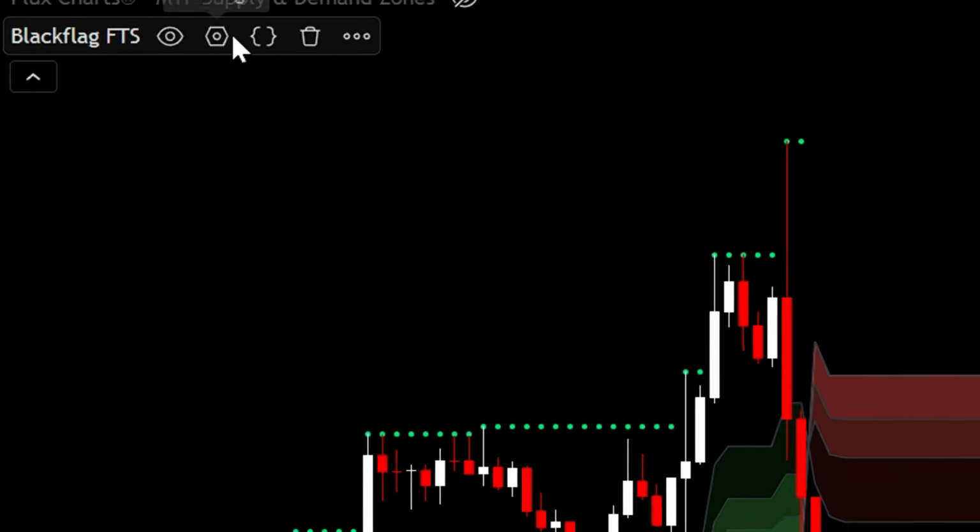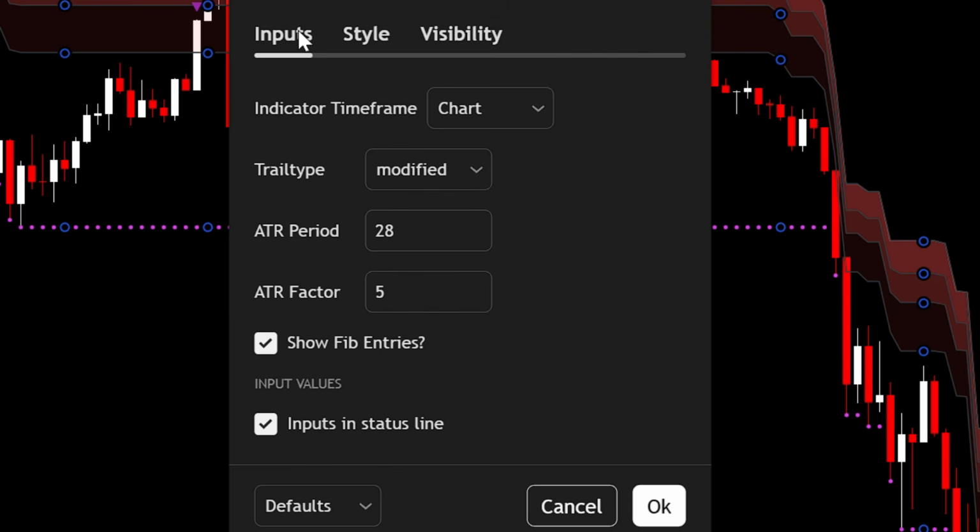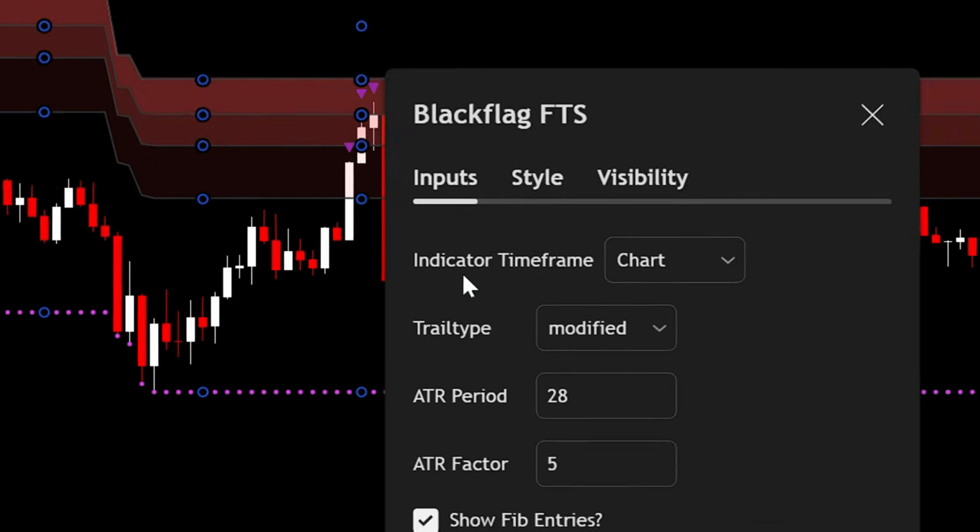First, I set the indicator's time frame one step higher than the chart I'm on. If I'm trading Bitcoin on the 1 hour chart, I set the indicator to 4 hours.